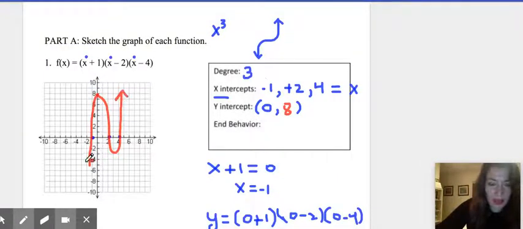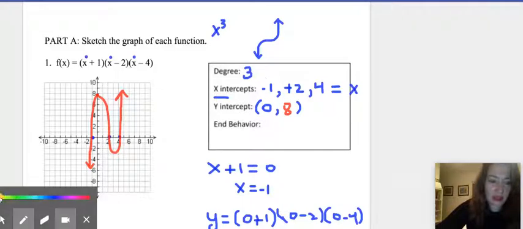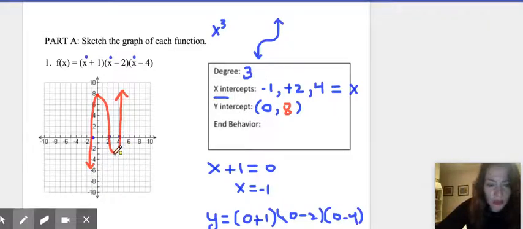Now, remember what I said. This is just a sketch. It's not an accurate graph. The reason I'm saying this is that if you want to know how low to go here, you would have to input other points or use a graphing calculator. All right, so this is basically a sketch of the graph. We could even enter the point x equals 3.